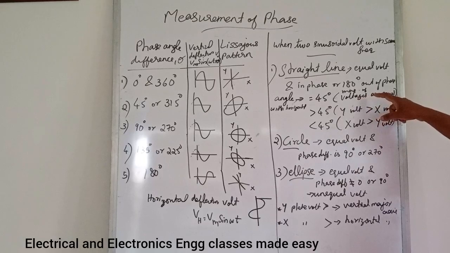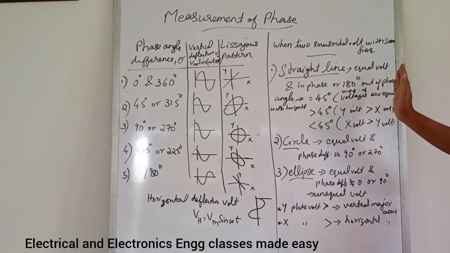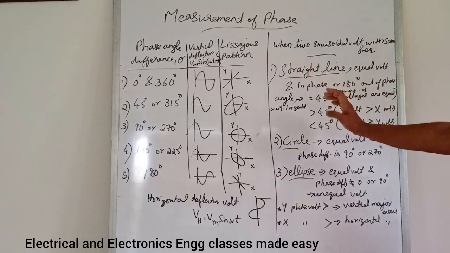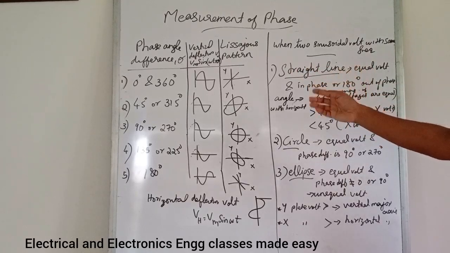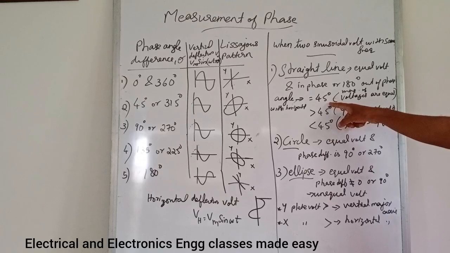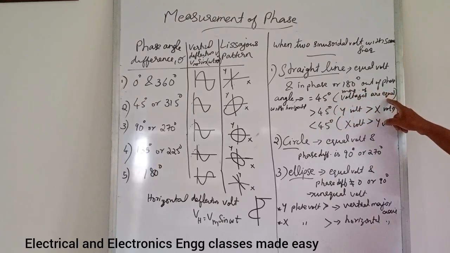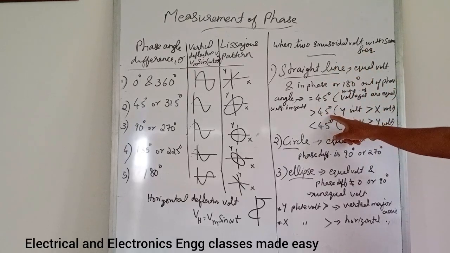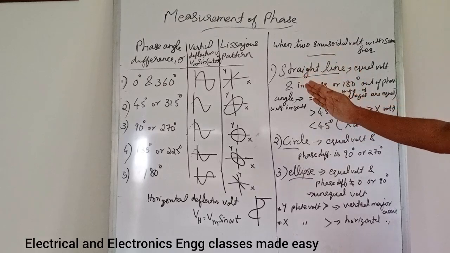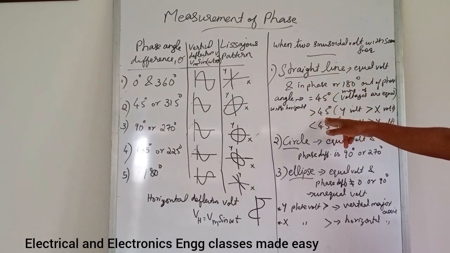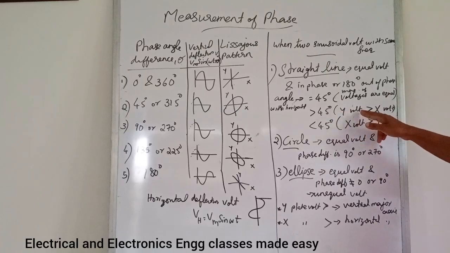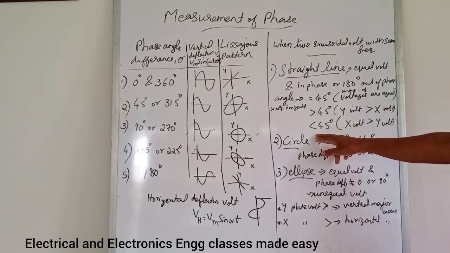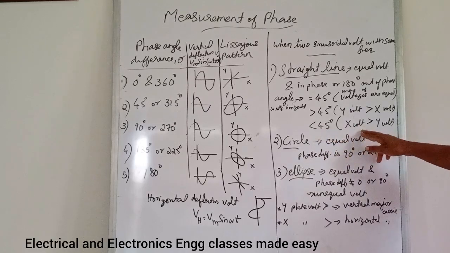And also in this case, the angle formed with the horizontal, that is the angle formed with the x-axis, is equal to 45 degree when the magnitudes of voltages are equal, and that angle is greater than 45 degree if the vertical deflection voltage, that is the y plate voltage, is greater than the x plate voltage, and that angle is less than 45 degree if the x plate voltage is greater.